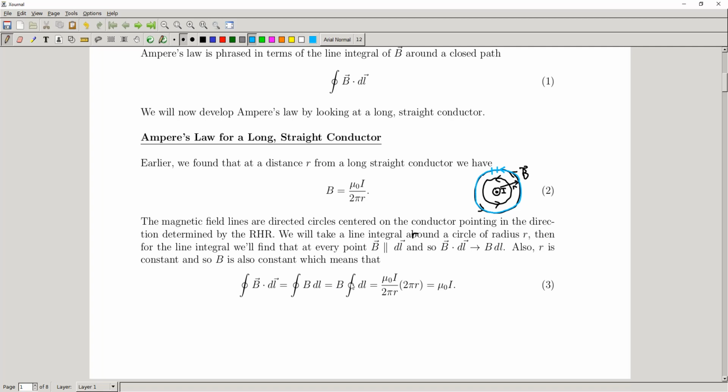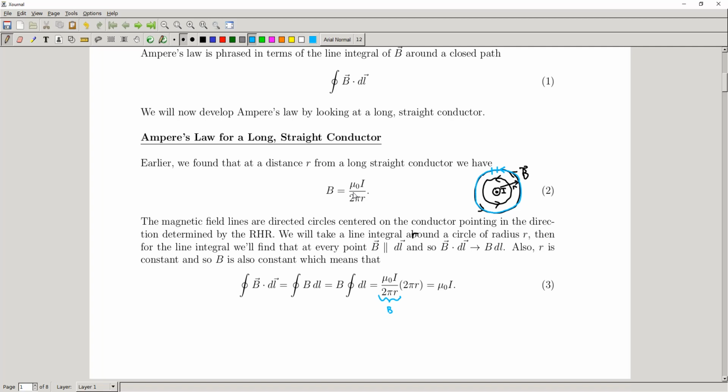Well, in that case, we can just write what B is. So writing down B here gives us this part here, our value for B from above. And what is the value of an integral around a closed loop, adding up all these tiny little dLs which make up the circumference of a circle?